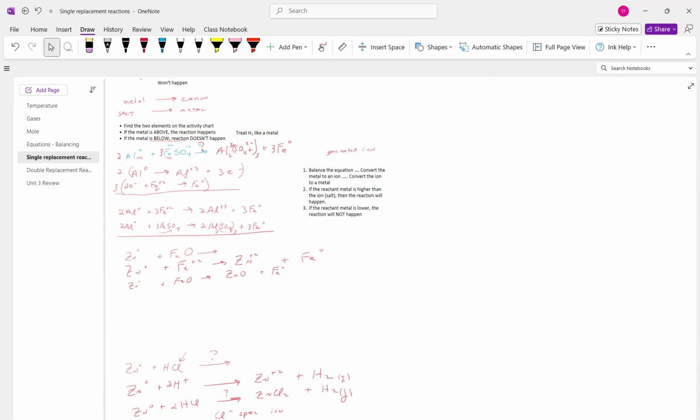But with single replacement, because normally we work with metals, when they form an ion they are always positive. So then you have to have something that goes with the positive, which is usually the spectator ion, and they're negative. So, good question. And it's usually one also. For double replacement, you can have 0, 2, or 4, and it's usually 99% of the time 2.